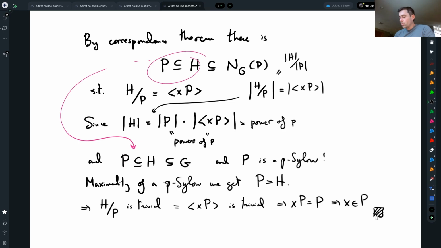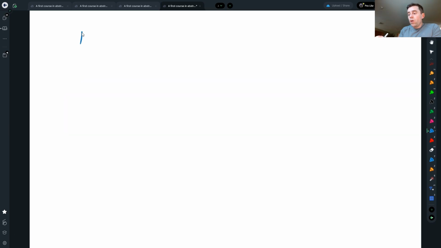Okay, great. So now I'm going to prove one more lemma about conjugates. Let's first explain what I mean by conjugates of a subgroup. Recall that one of the Sylow theorems tells me that if P1 and P2 are P-Sylow subgroups, then P1 and P2 are conjugates.